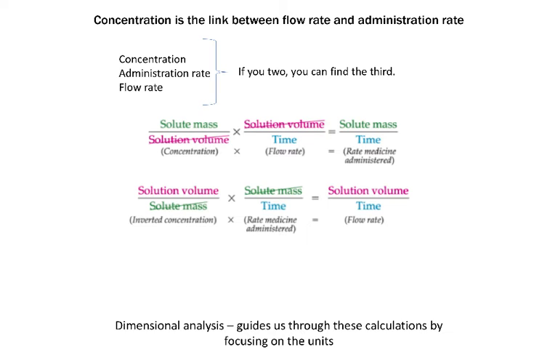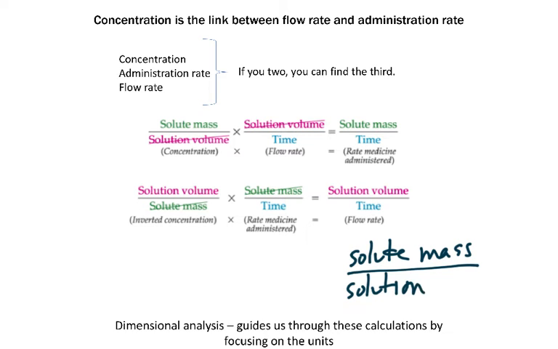Okay. So the third example, if you wanted to find concentration, knowing the other two, how would we find concentration, right? So let's say you want solute mass over solution volume, right? What would we do with the other two terms to get that?